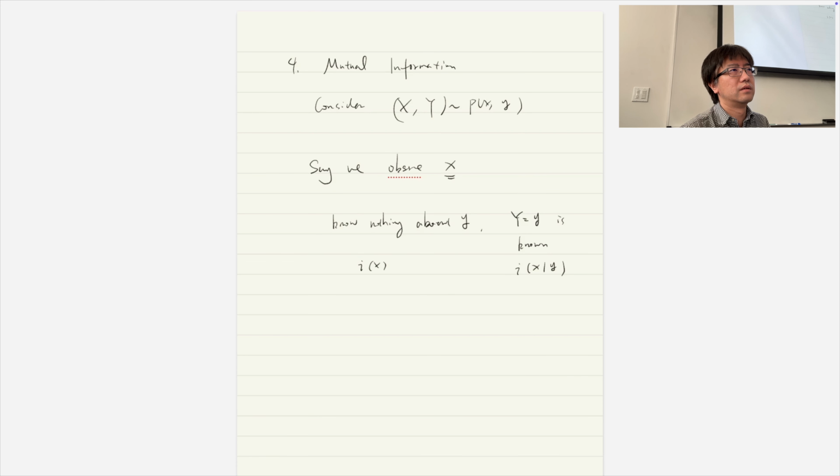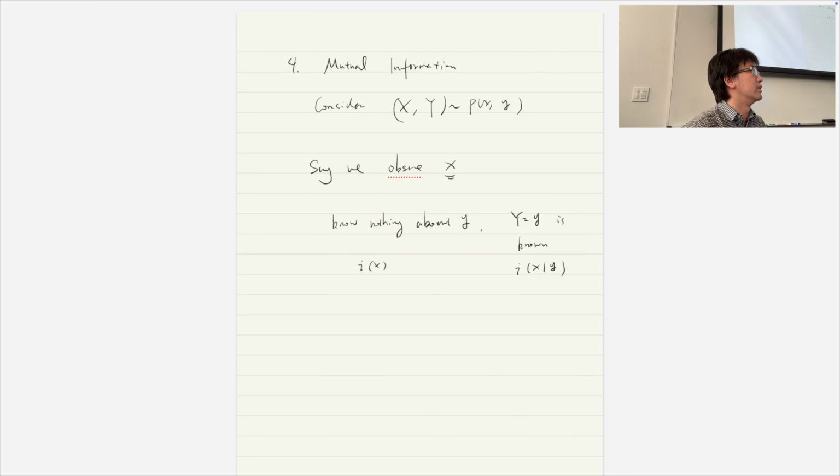How to compute it? Now you know this, and you know that. Then how much information do we gain, or how much uncertainty do we reduce? It is the joint. Joint meaning, like the joint entropy. Joint entropy is the uncertainty of x and y.